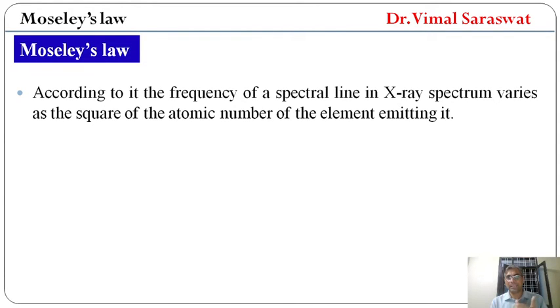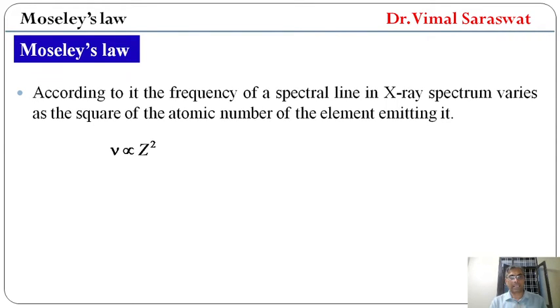If Z is the atomic number of the element which emits X-rays and nu is the frequency of a spectral line in the X-ray spectrum, then according to Moseley's law, nu is directly proportional to Z square.